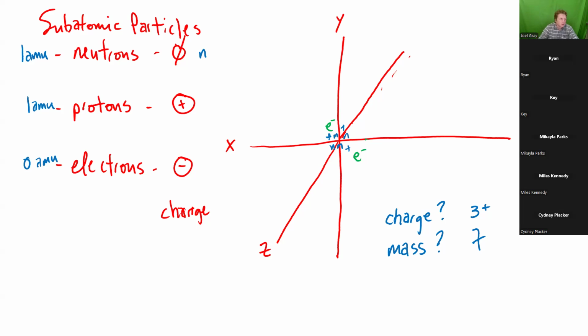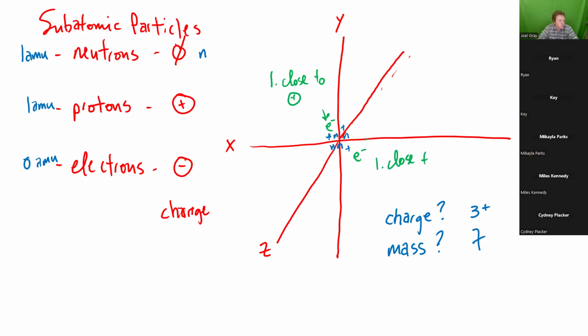So here's the thing. This electron right here has a couple of things going on. One, it wants to be close to positive charges. Well, so does this one.